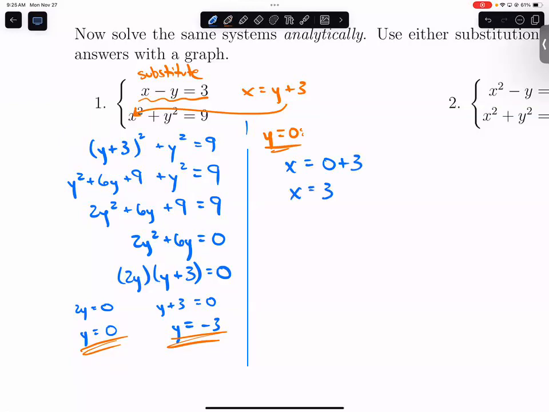So if y is 0, then x is 3. On the other hand, if y is -3, then x is y plus 3, so 0.